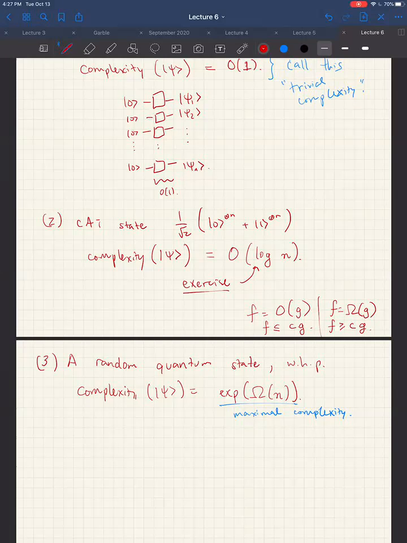Okay, so Henry, can you say something more about how you sample a random quantum state? Well, I guess the technical definition is that the set of all quantum states on n qubits you can think of as the unit sphere in dimensions 2 to the n. It's a compact set, and you can define something called the Haar measure. It's like projective space on C to the 2 to the n, or something like that.